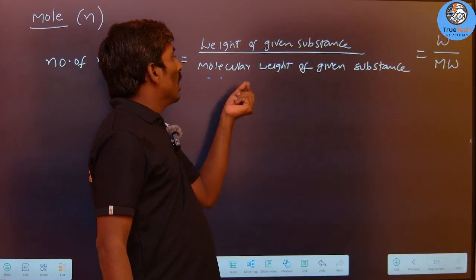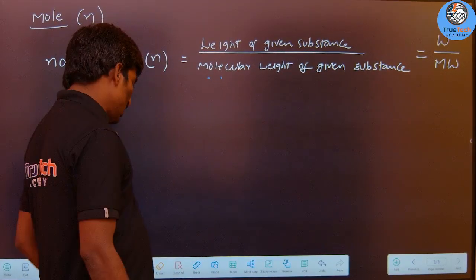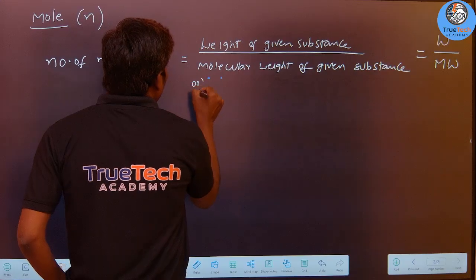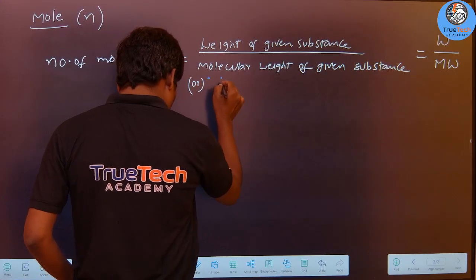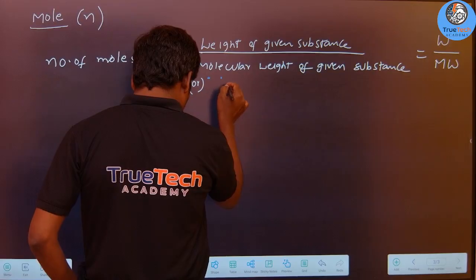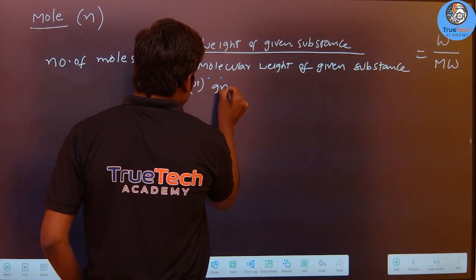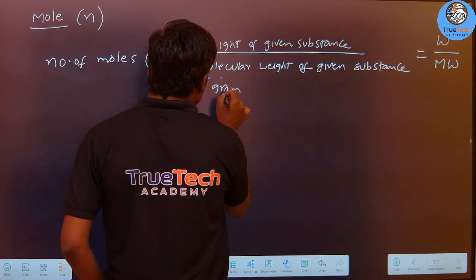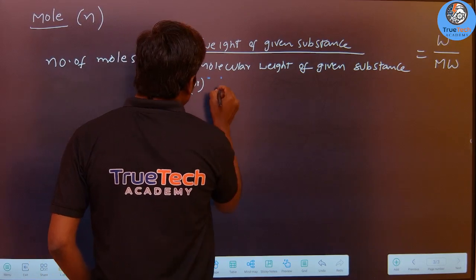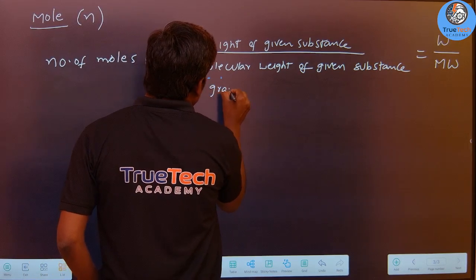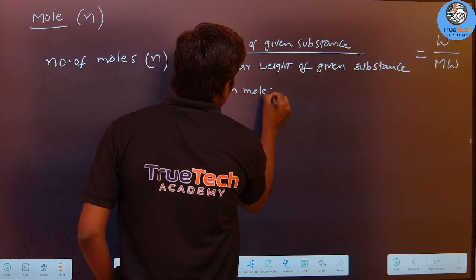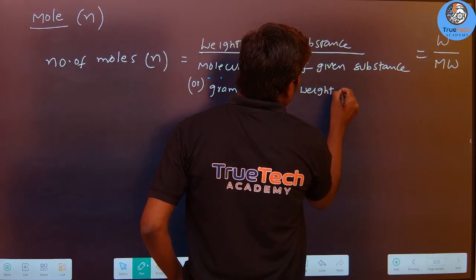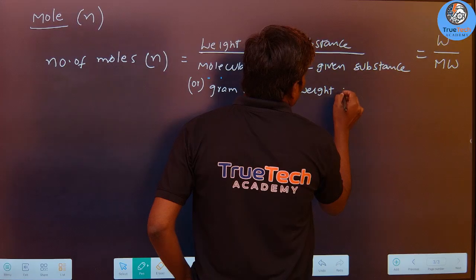In some books, the molecular weight of the substance is also represented as gram molecular weight, in short GMW.